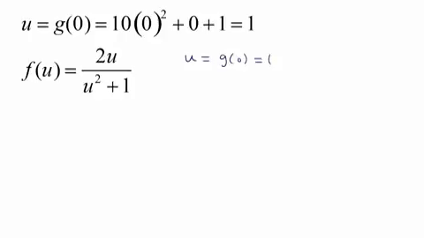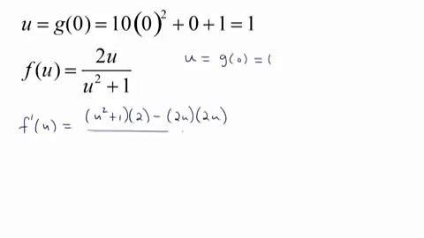Now let's find the derivative of f of u. So f prime of u would equal the denominator u squared plus 1 times the derivative of the numerator, the derivative of 2u would be 2, minus the numerator 2u times the derivative of the denominator, which would be 2u, all over the denominator squared. So u squared plus 1, the quantity squared.